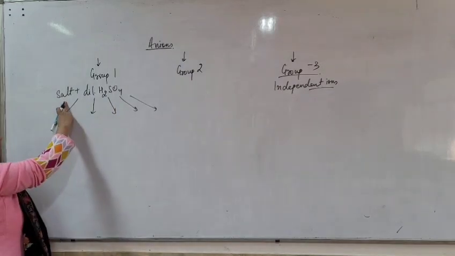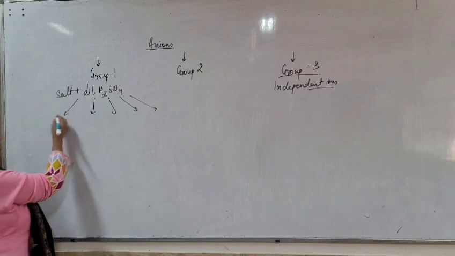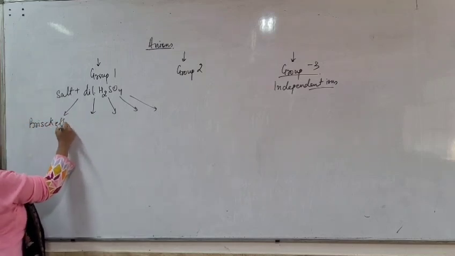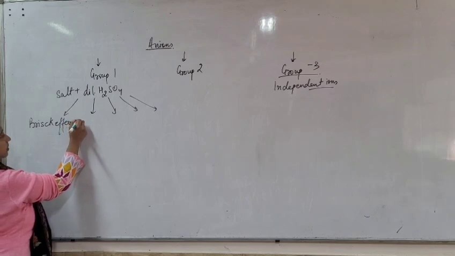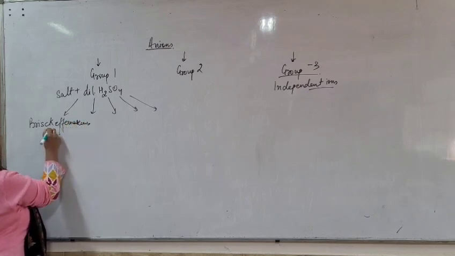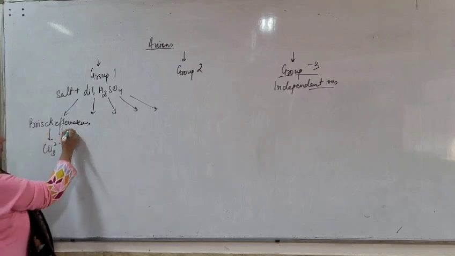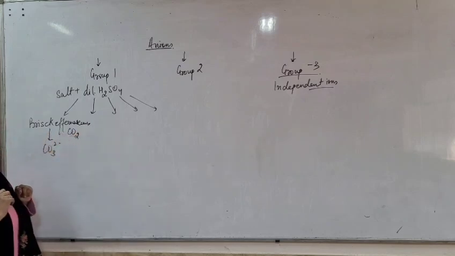The first one is, if you have added salt with dilute sulfuric acid, if you are getting any type of brisk effervescence, then carbonate could be there, because this brisk effervescence is majorly coming due to CO2. Okay?